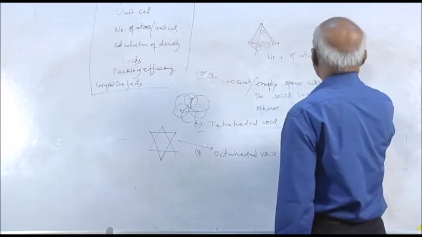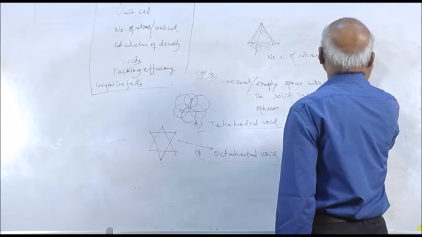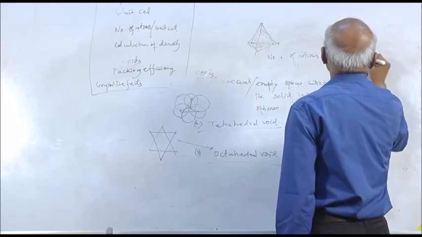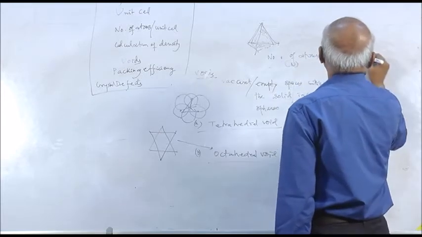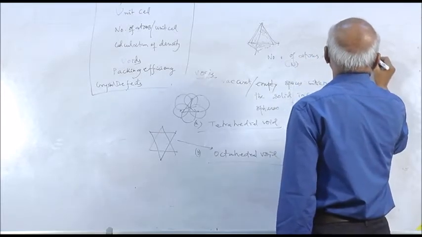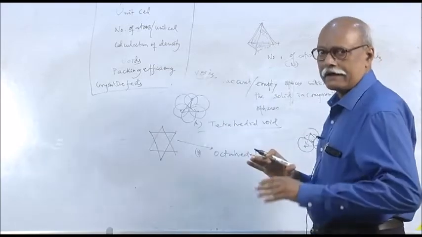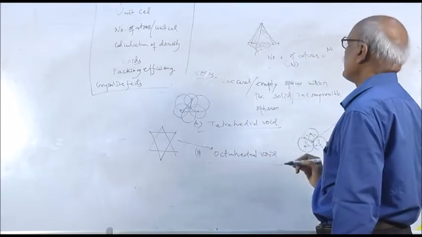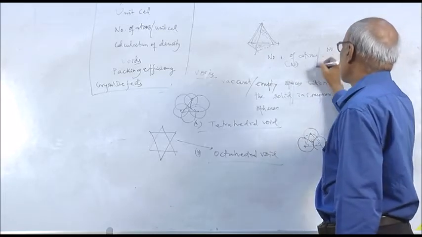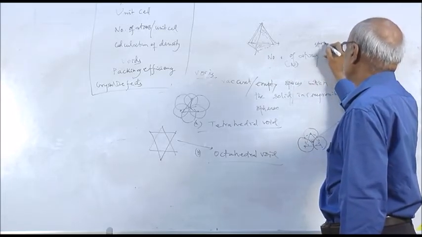And you remember the number of atoms, let us say n, is equal to the number of octahedral voids. So the number of octahedral voids in the arrangement will be equal to the number of atoms or number of spheres.